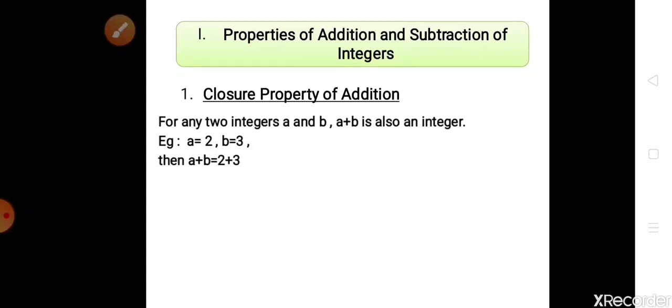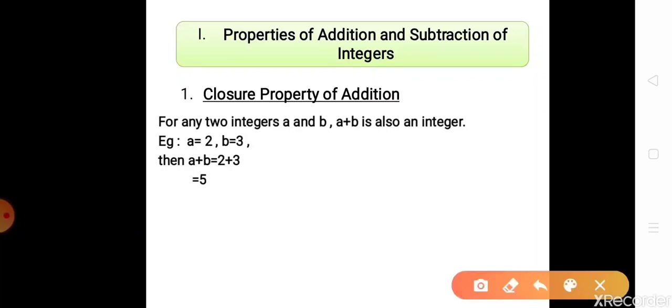Then a plus b is equal to 2 plus 3, which is equal to 5, and 5 is also an integer. It has been proved that if a and b are two integers, then a plus b is also an integer.